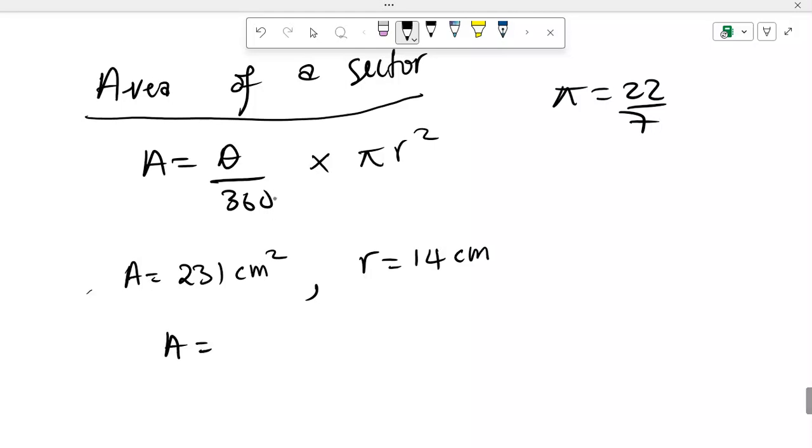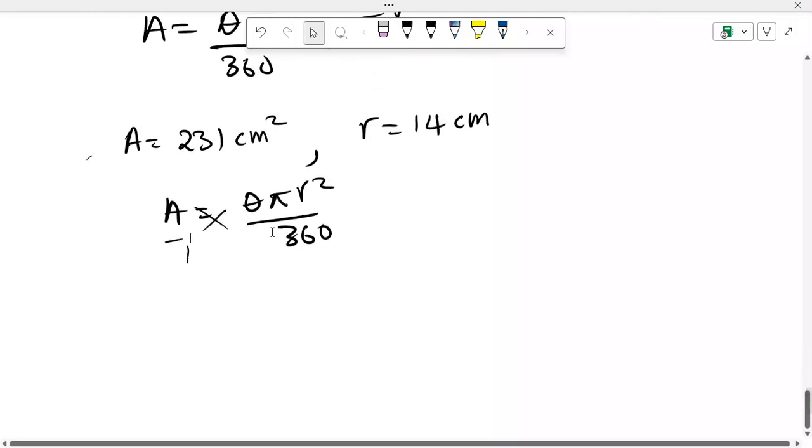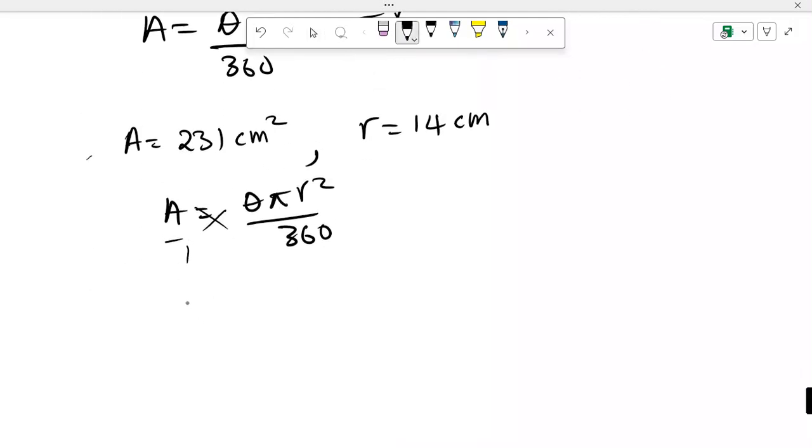So we have area equals theta pi r squared over 360. This is over 1, so you just cross multiply: pi r squared equals 360 times area.